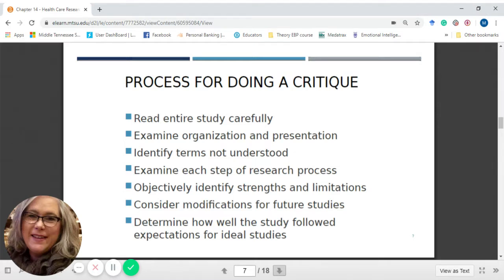You identify items that you're not understanding. You might need to look at definitions. You look at each step of the research process, and we look at strengths and limitations. What modifications to further studies are discussed, and how well did the study follow the expectations of an ideal study, and how well did they carry out the process that they intended to carry out.